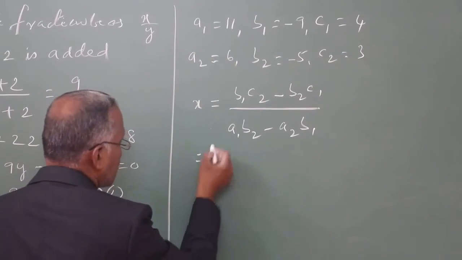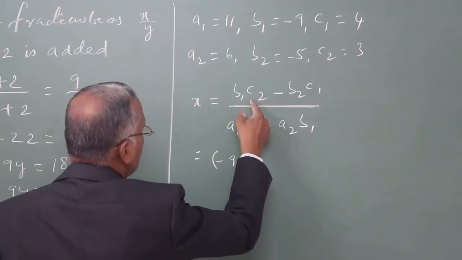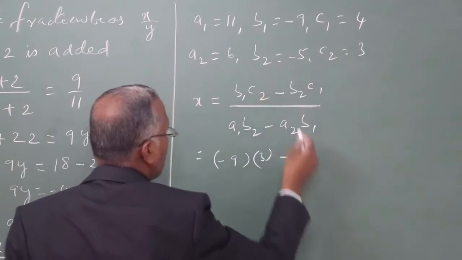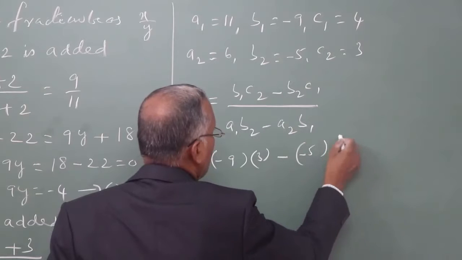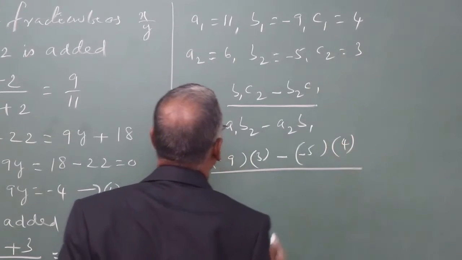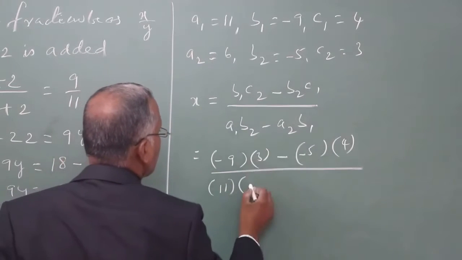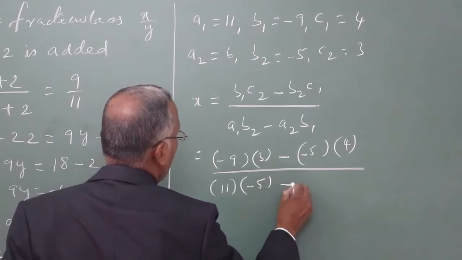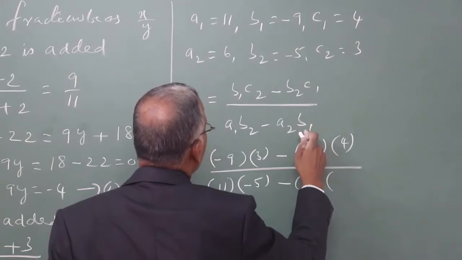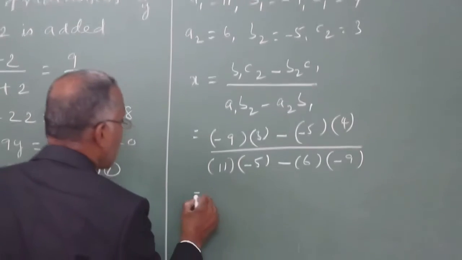Let us substitute the values. b1 is minus 9 into c2, which is 3, minus b2, which is minus 5, into c1, which is 4, by a1 b2: a1 is 11, b2 is minus 5, minus a2 is 6 and b1 is minus 9. Let us solve now.